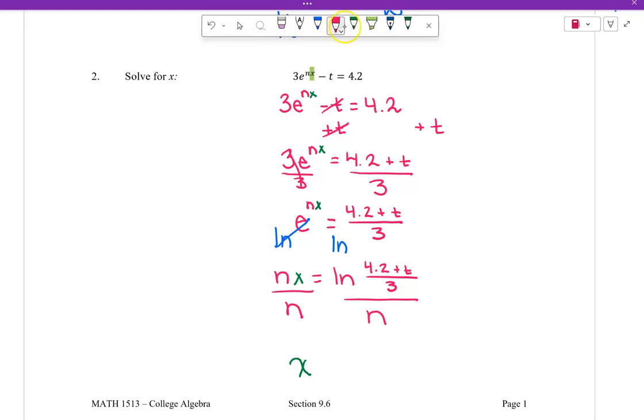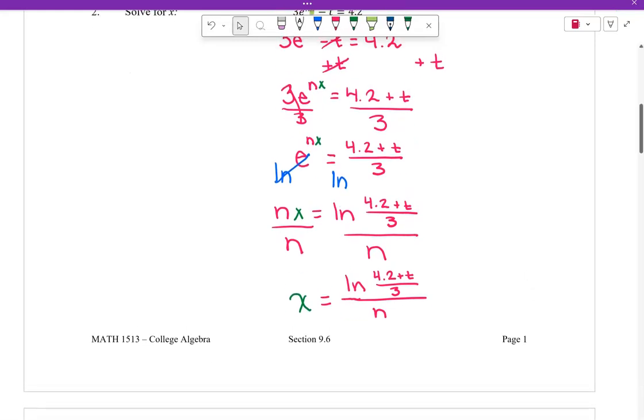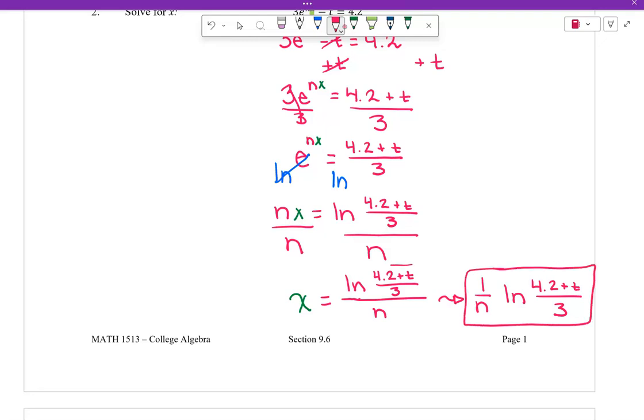So x will equal natural log of 4.2 plus t divided by 3, all over n. Now that looks a little crazy, so what I could do is also change that to 1/n times natural log of 4.2 plus t over 3. So either answer is fine here.